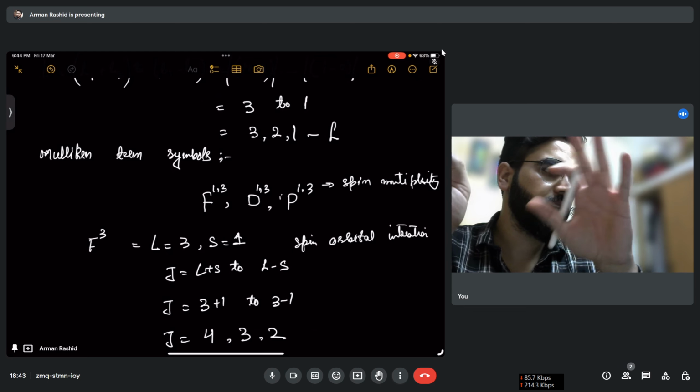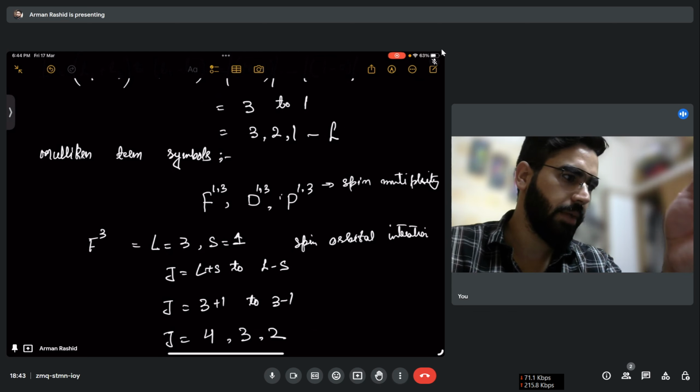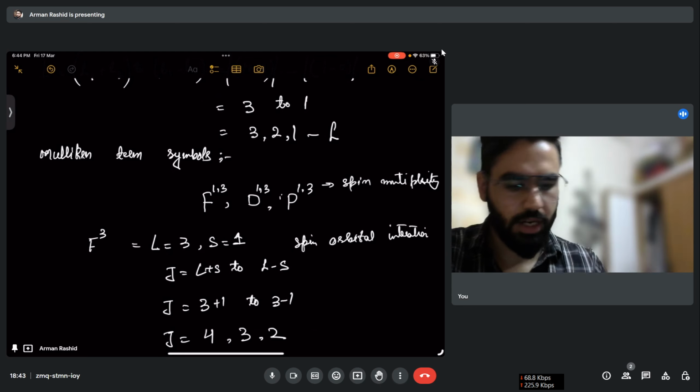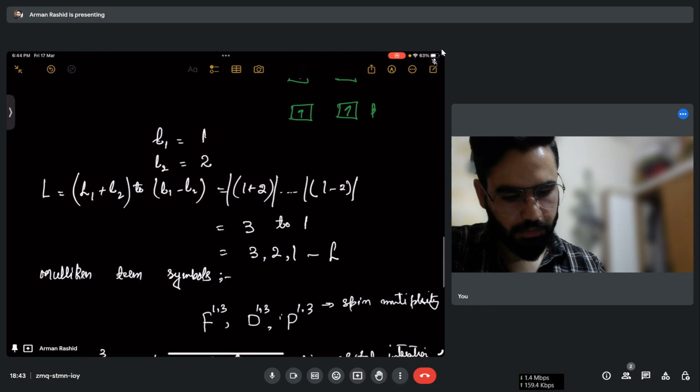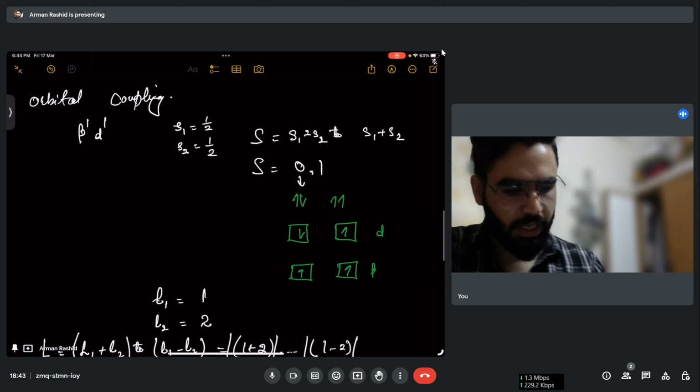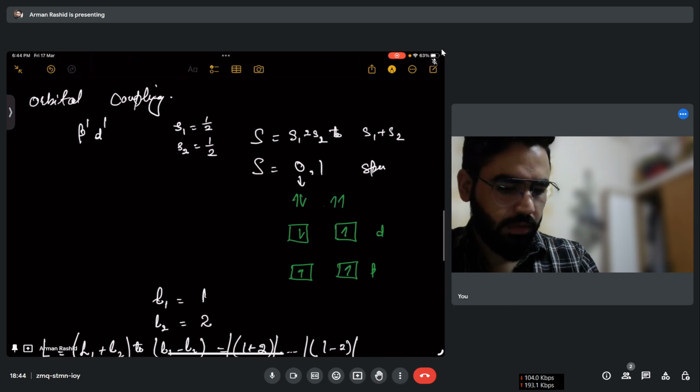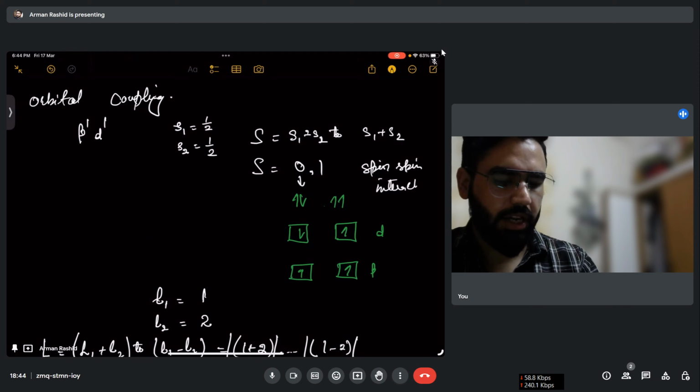Now we are getting the total angular momentum quantum number. This is called spin orbital interaction. Now this thing is called spin interaction. This thing is called orbital interaction.